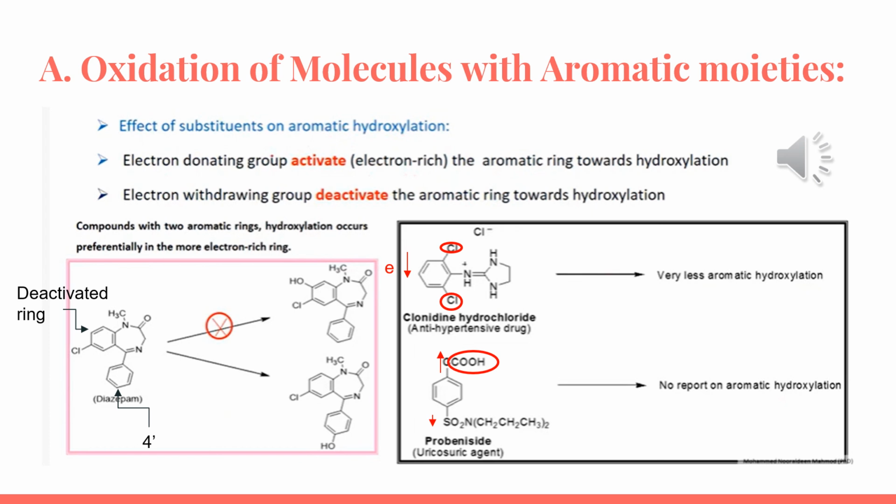In the case of clonidine, there is more than one deactivating group, so it is impossible to have ring hydroxylation. We have a highly deactivated ring, not oxidized at this level. In the case of probenecid, the ring is very much deactivated and will not undergo ring hydroxylation. There has to be a different route.